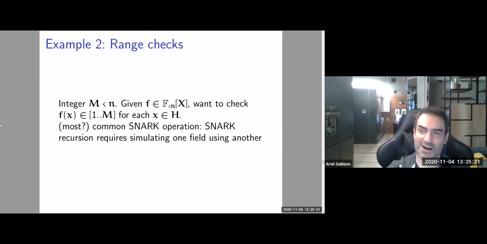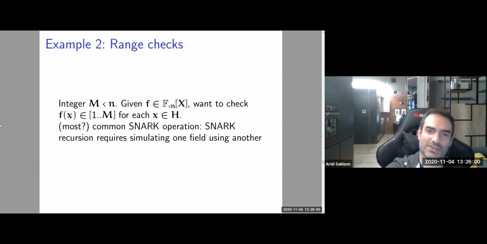But with this decomposition into limbs, you now need to verify that this field element is in some limited range, in this range 1 to 2 to the 64, say. So this is the typical case: your field is of size 2 to the 255, and your M here is going to be something like 2 to the 64. So these range proofs end up being a lot of the concrete cost in ZK snarks.